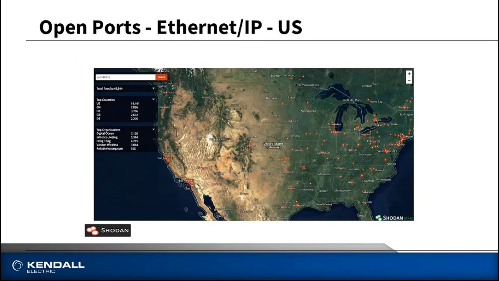Another way to describe that is these are open ports for the Ethernet IP that we use for Studio 5000 and RSLinx. Each one of these red dots represents a piece of machinery or a node that is viewable outside of the internet firewall on each one of these locations.